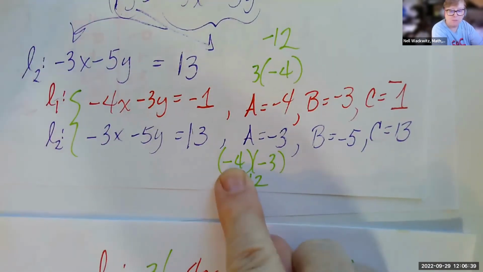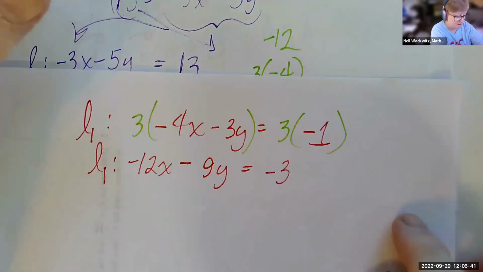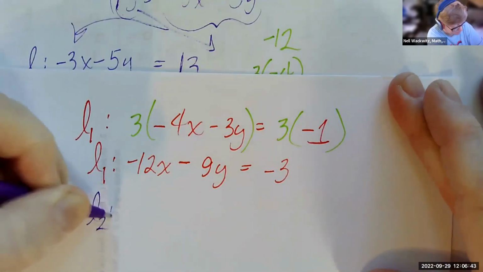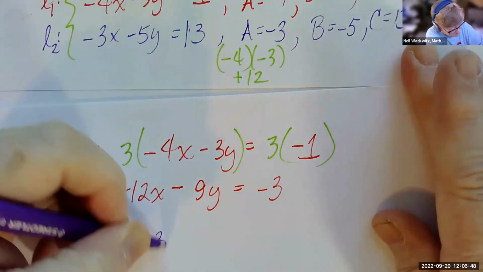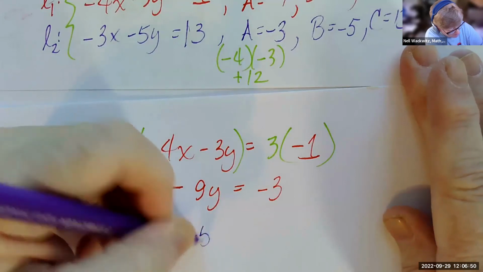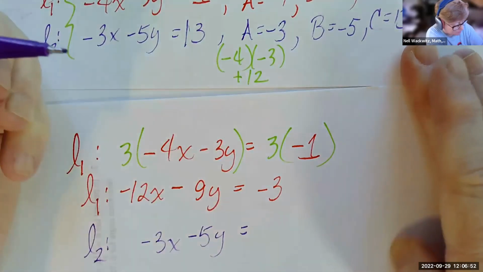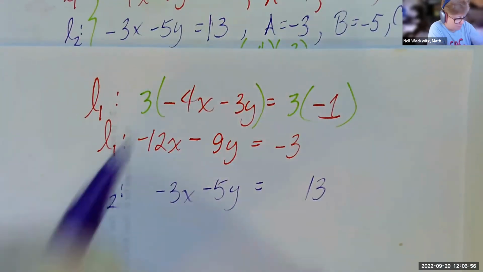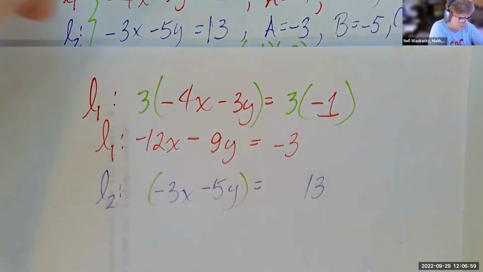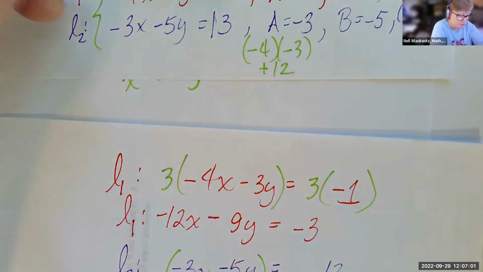We needed to multiply line 2 by -4, and line 2 is -3x minus 5y equals 13. And we're multiplying by -4.